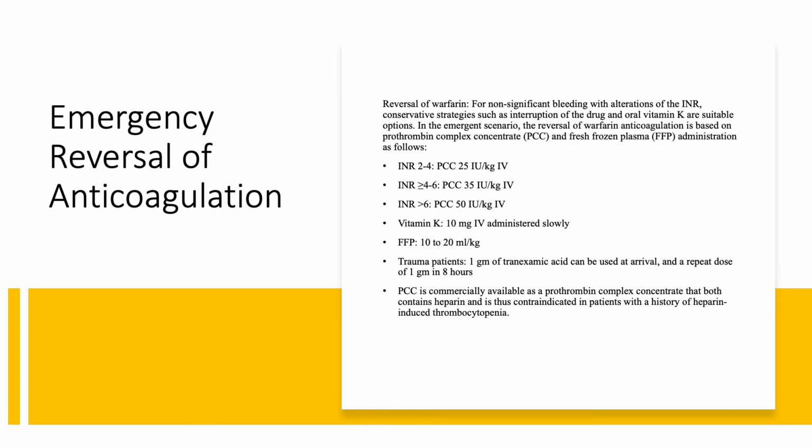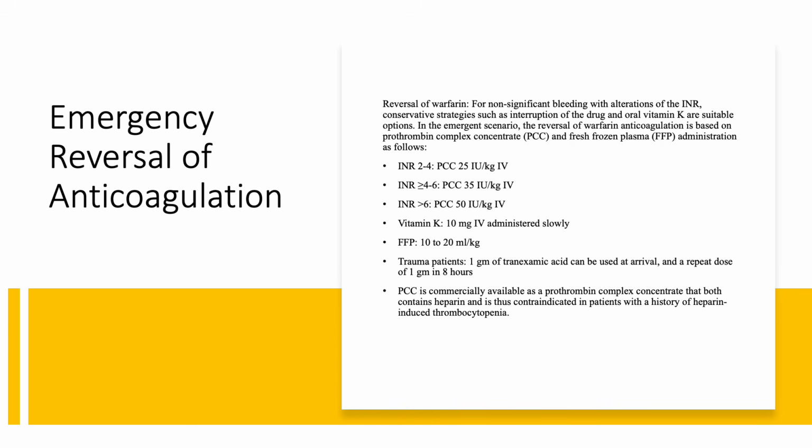So this is a way to do it. If INR is 2 to 4, you will give a prothrombin complex concentrate of 25 international units per kg. If the INR is more than 4 to 6, you will give a 35 international units per kg dose. If it is more than 6, you will give a 50 international units per kg dose.